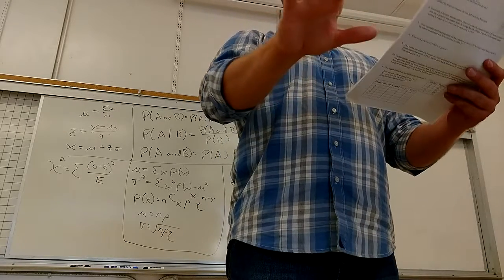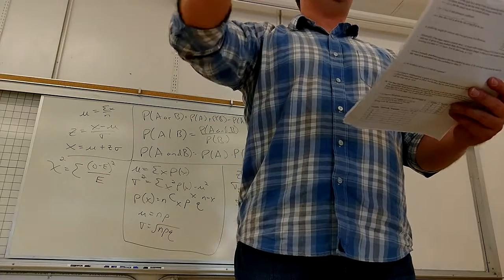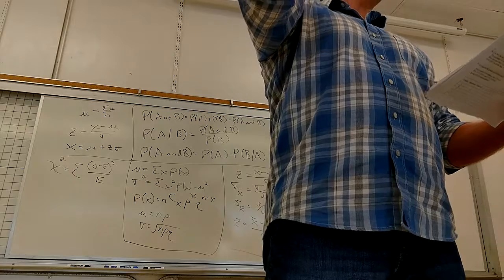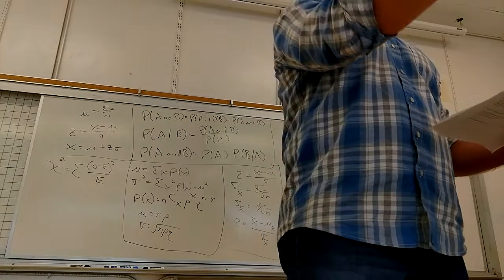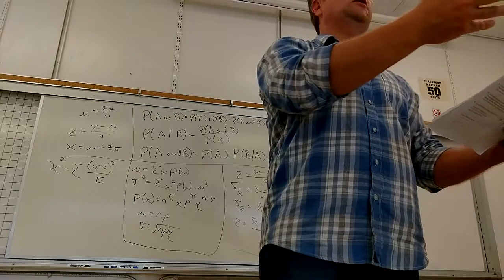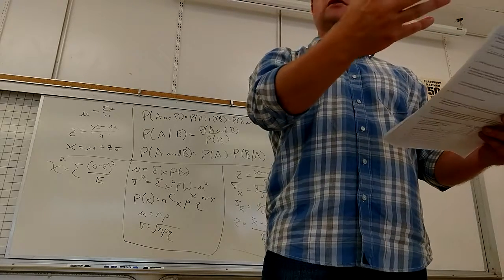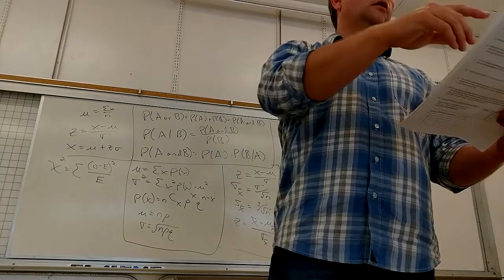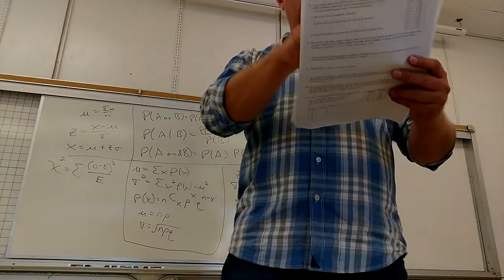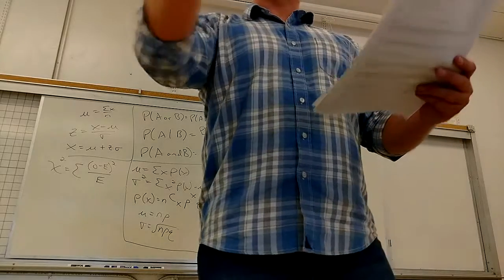Number 1 is a standard what kind of problem? Number 1, part 1. I tell you in the first part what kind of distribution it is. It's normal, and I ask you the probability x is greater than 200. So what are you going to do with 200?